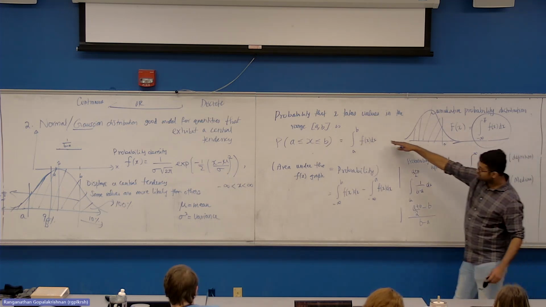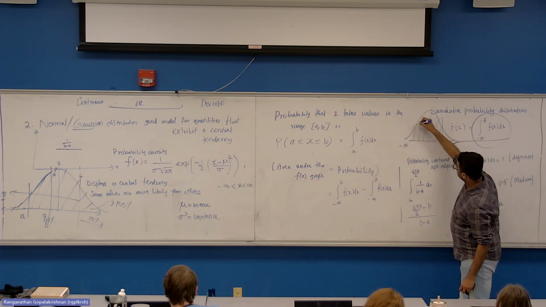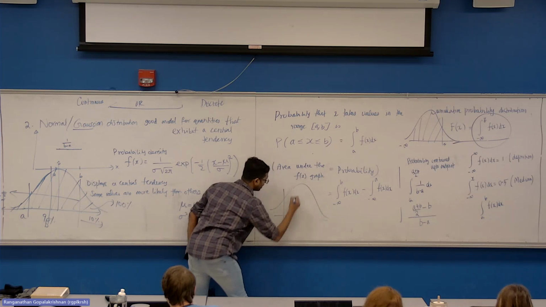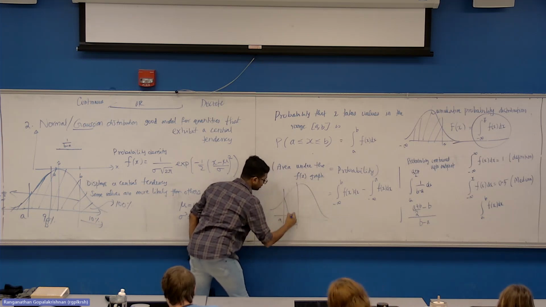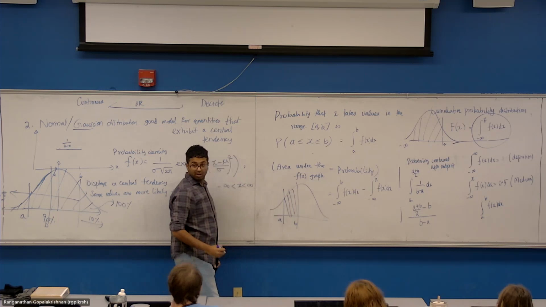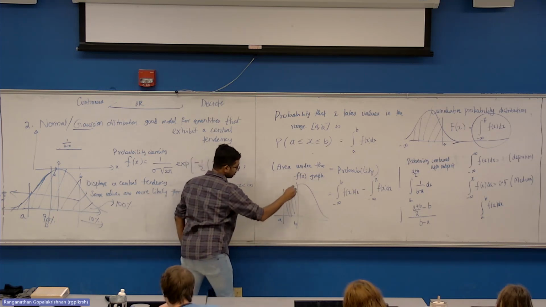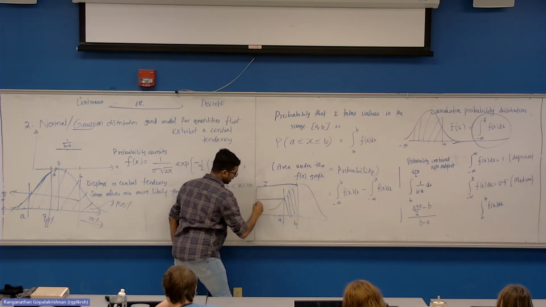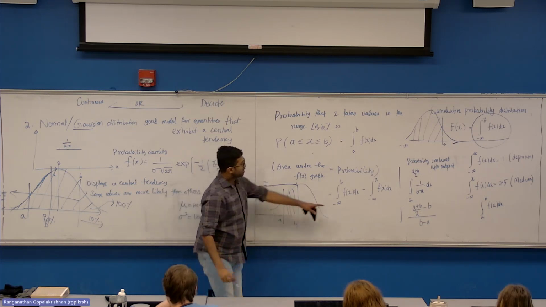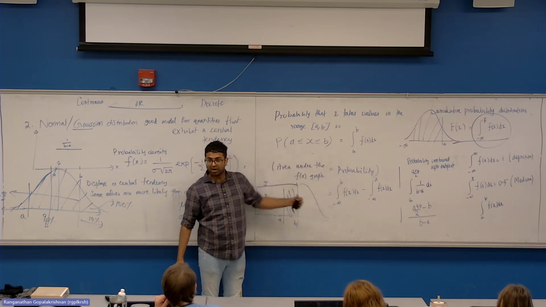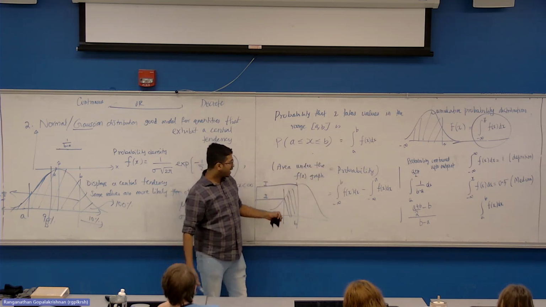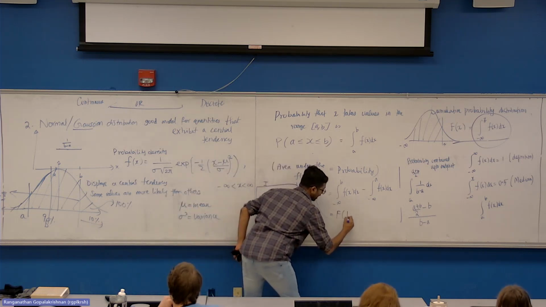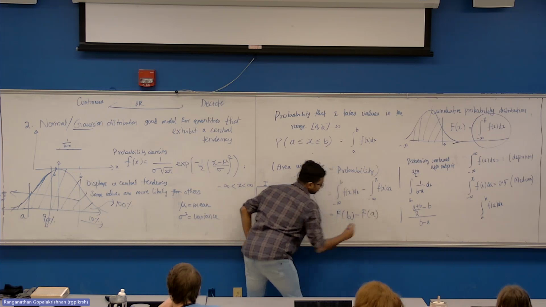Just splitting the integral, here is my bell curve, here is a to b, which is what I care about. I can say this area 1 minus this area 2 is my quantity of interest. If I had a lookup table, this is nothing but F of b minus F of a.